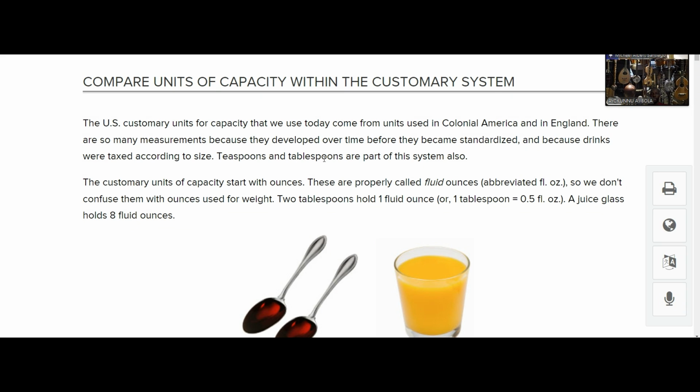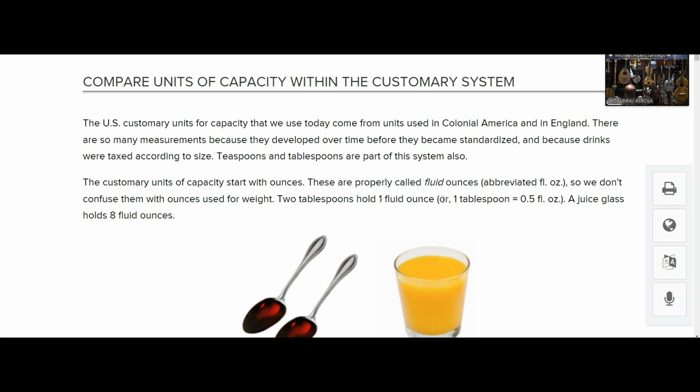Teaspoons and tablespoons are part of the system also. The customary units of capacity start with ounces, properly called fluid ounces, abbreviated FL OZ, so we don't confuse them with the ounces we use for weight.